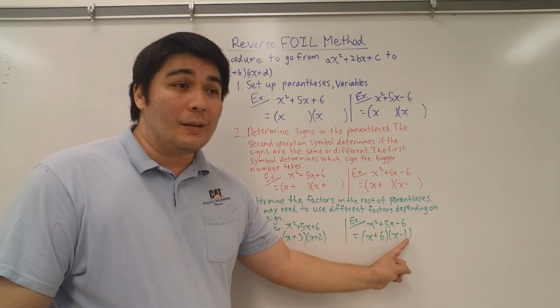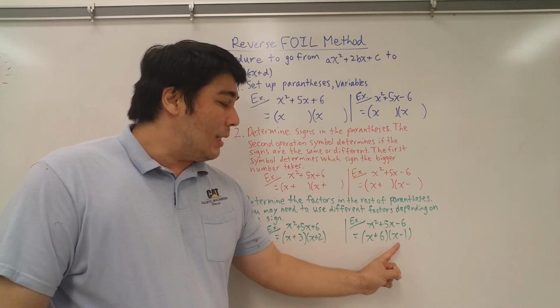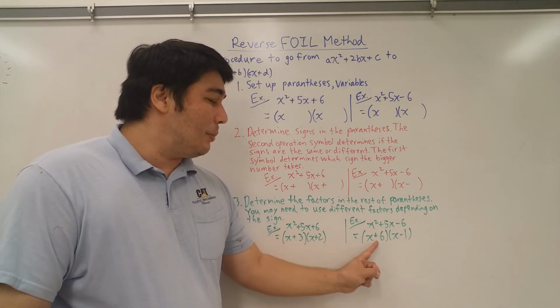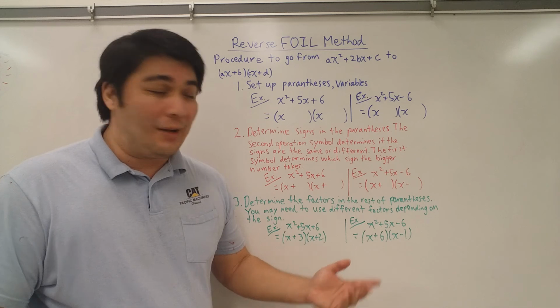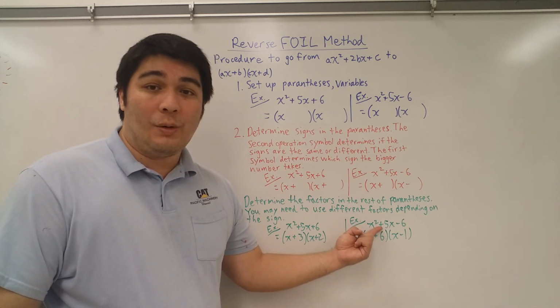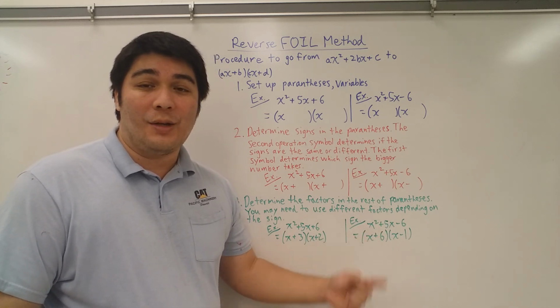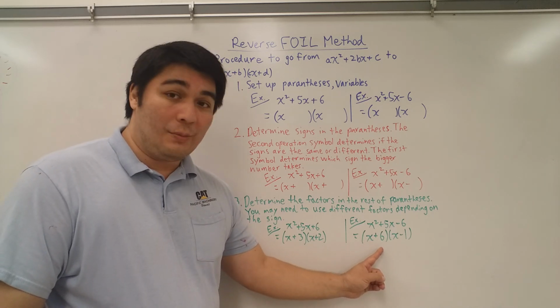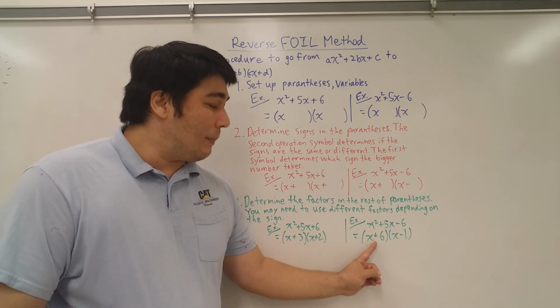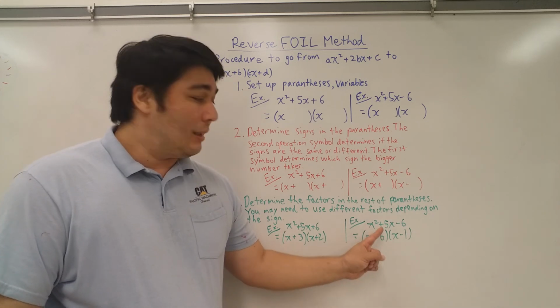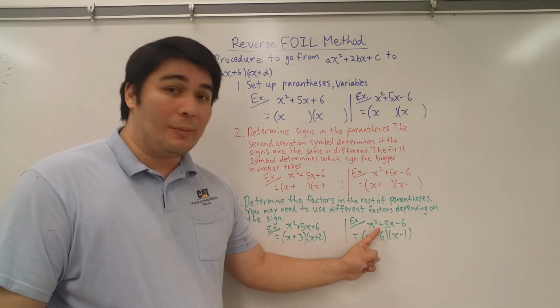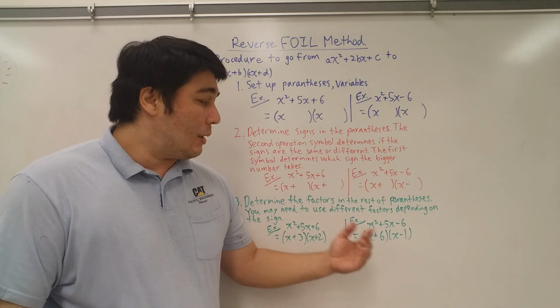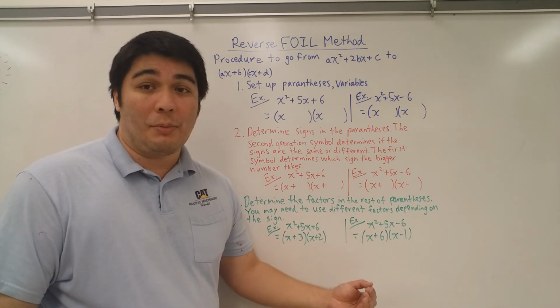If we put the 6 with the minus, we would have negative 6 plus 1, which would be negative 5, and that wouldn't match what we have over here, which is positive. So the bigger number, which is 6 in this case, goes with the positive sign. That's how the first sign determines which sign gets the bigger number.